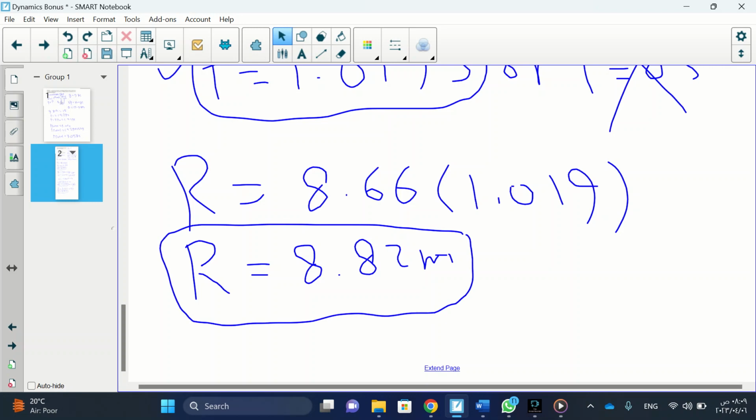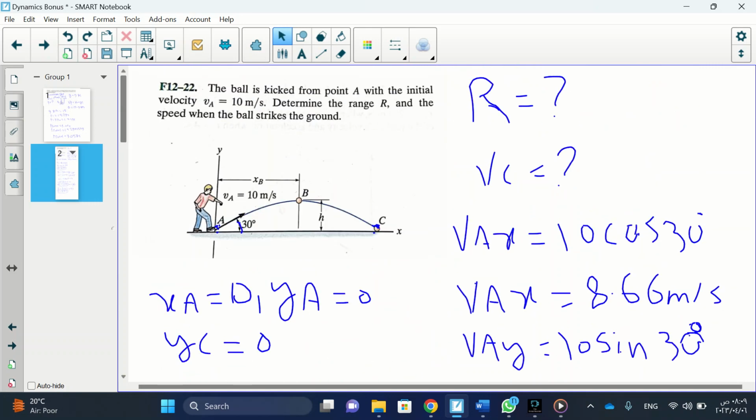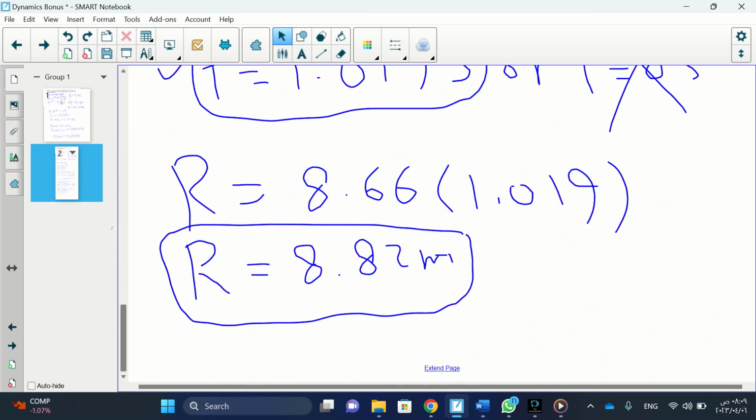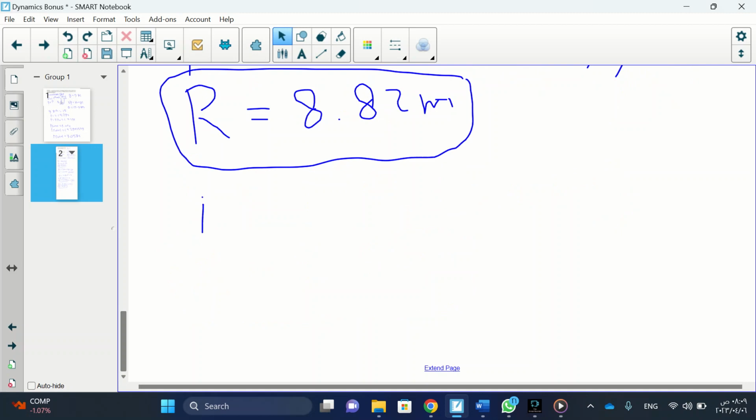Now we need to find the speed VC, the speed at C. So again we will use another equation, which is VCY equals VAY minus GT.